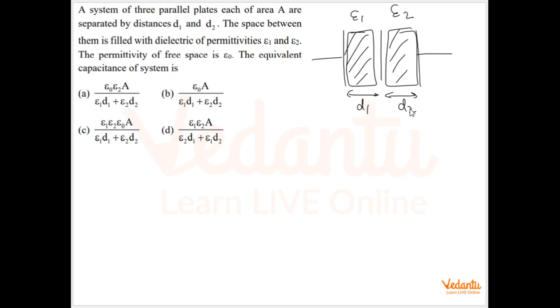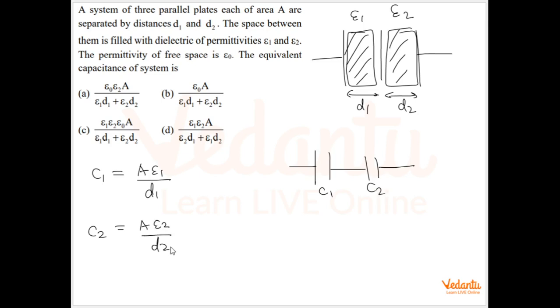Now, in this case, we can think of it as 2 capacitors in series, C1 and C2. C1 will be A epsilon 1 by d1. And C2 will be A epsilon 2 by d2.